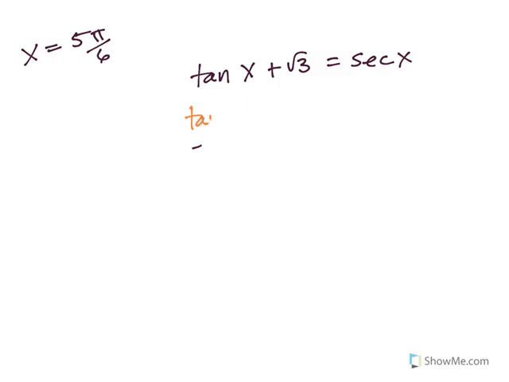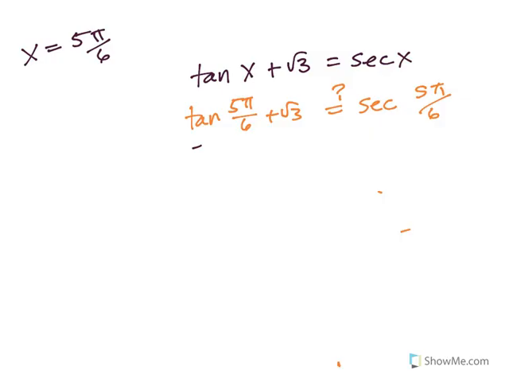So we're going to start by checking x equals 5 pi over 6. When I look at my initial equation, tangent of x plus radical 3 equals the secant of x, let's plug in our 5 pi over 6. Does the tangent of 5 pi over 6 plus radical 3 equal the secant at 5 pi over 6?